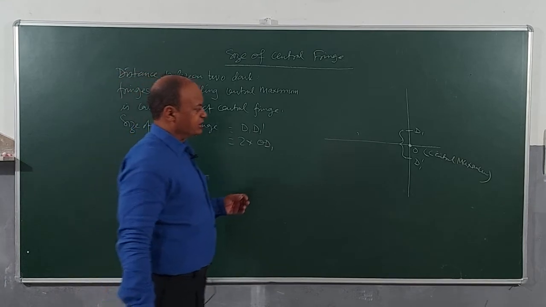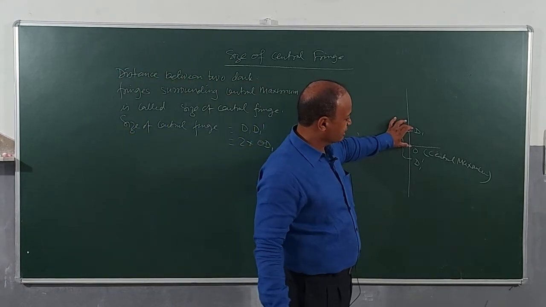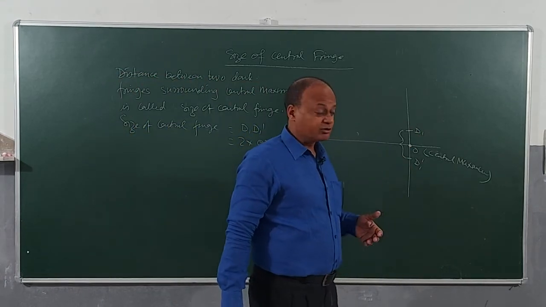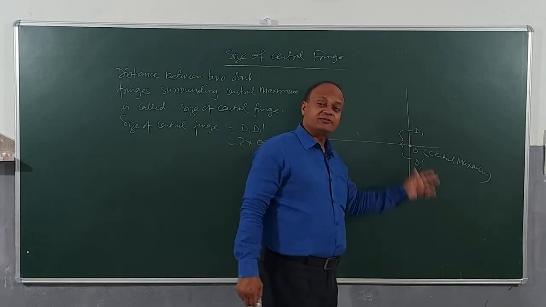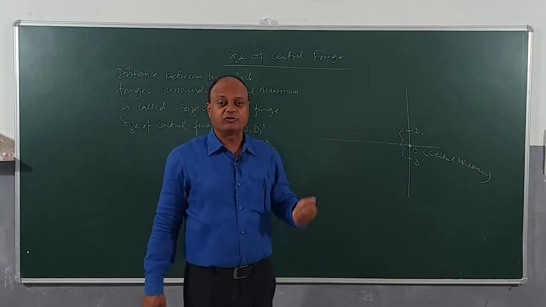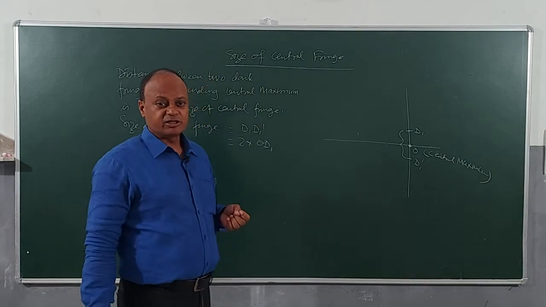We know that this distance and this distance will be the same. So if you can find the distance between the central maximum and the first dark spot, I'll double it to get the size of the central fringe.